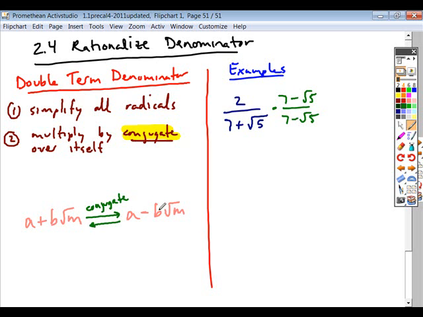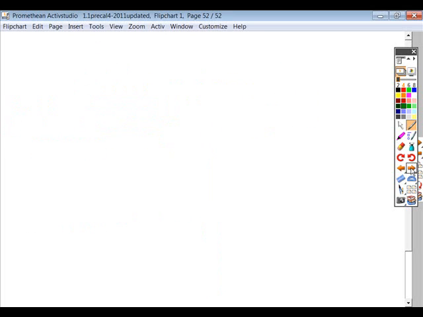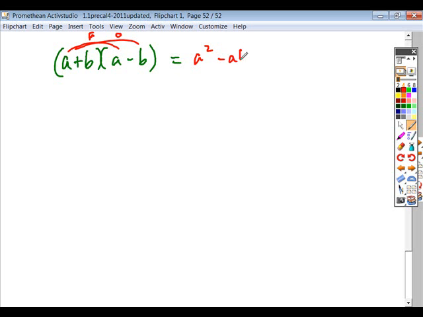Okay, the whole reasoning behind using a conjugate is based on the following relationship. If you guys recall from algebra, one of the special product forms is if you multiply the sum of terms times the difference of the same terms. If we were to FOIL this, our firsts give us a squared, our outers give us minus ab, our inners give us plus ab, and our lasts give us minus b squared.